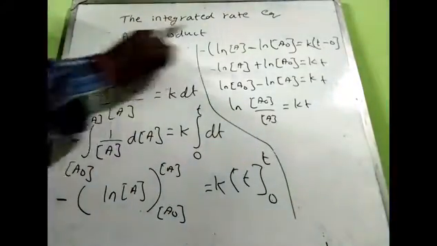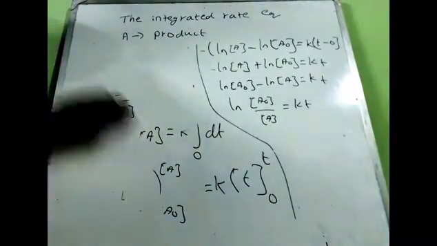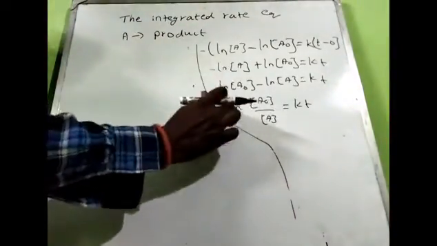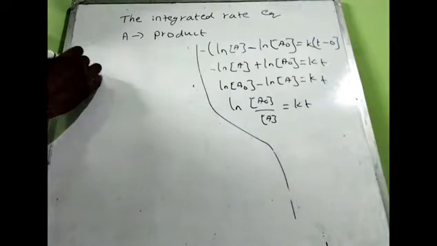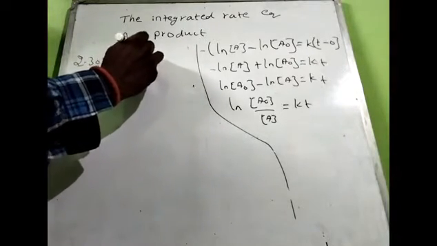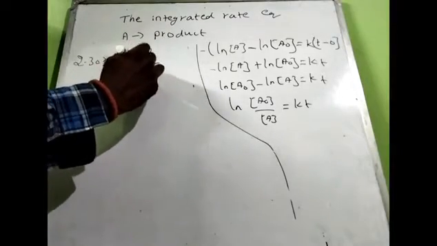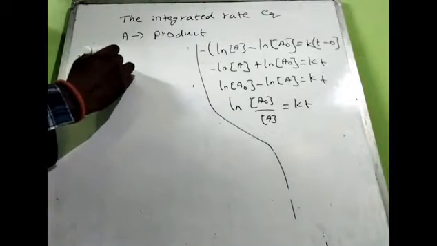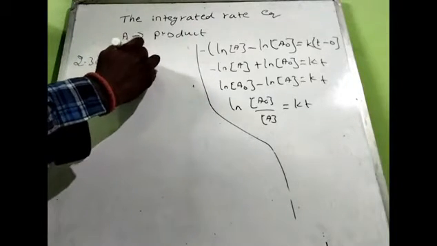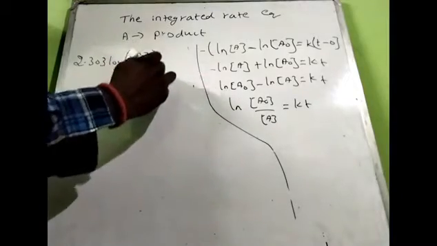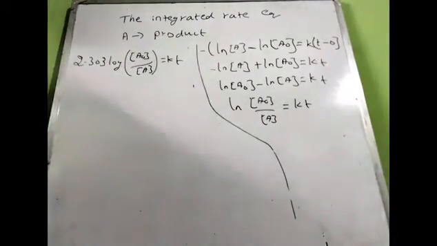So 2.303 log of a naught by a equals kd.